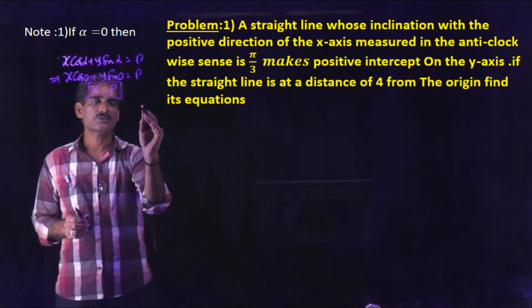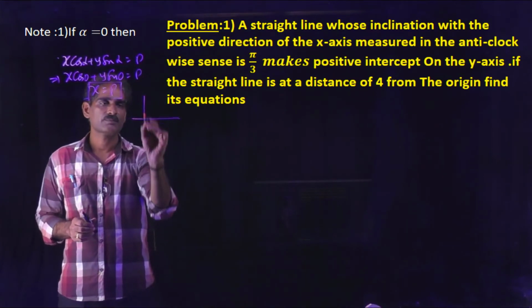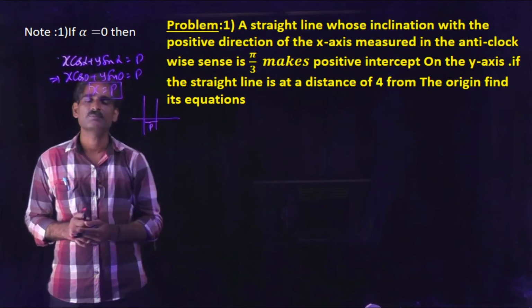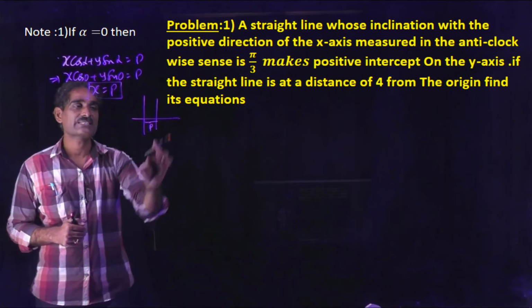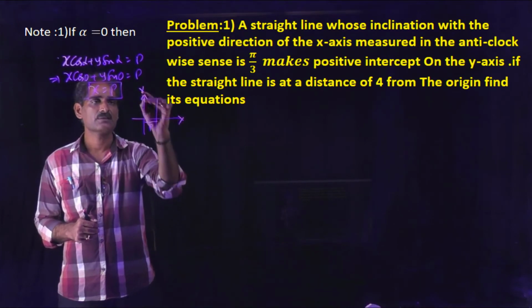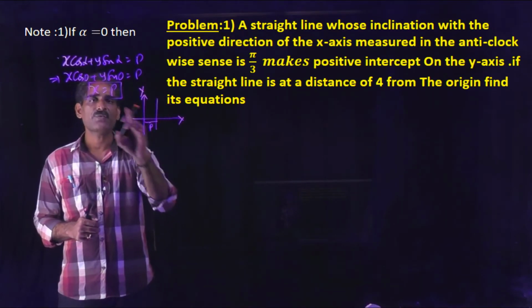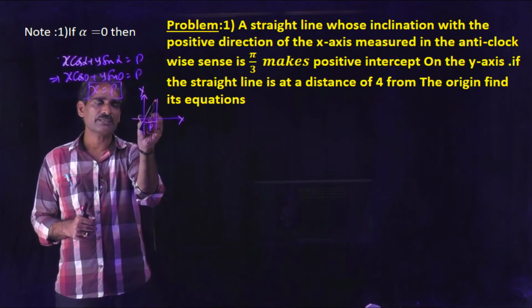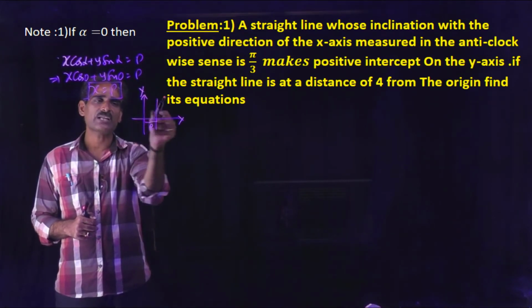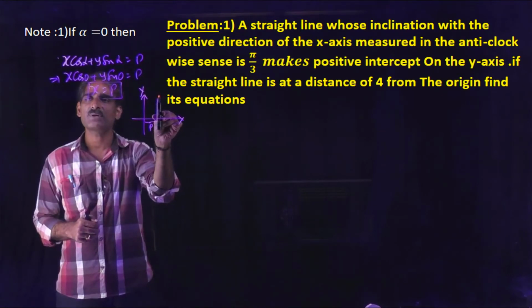So this is just like this. The length of this is equal to p. x equal to p. This is the y-axis. This is the x-axis. Okay. If alpha is 0, the normal line coincides with this one. Understand? So the line becomes perpendicular to the x-axis.